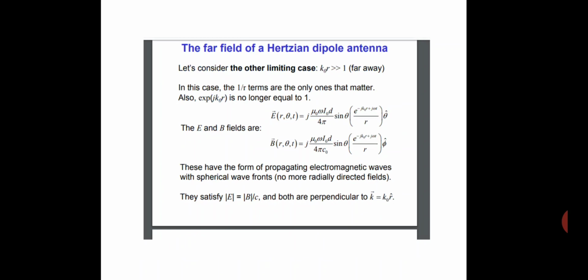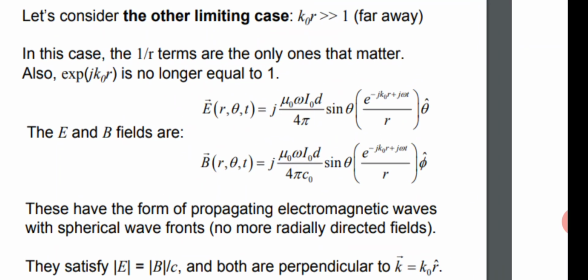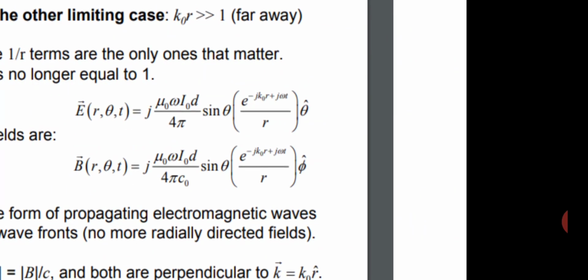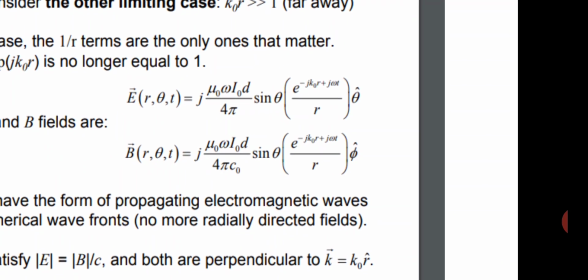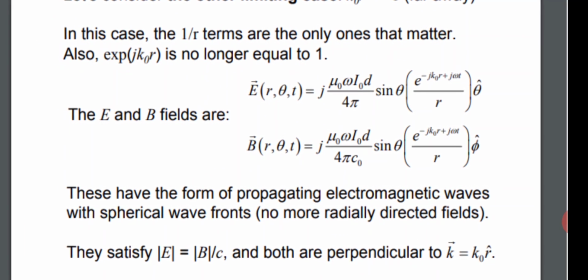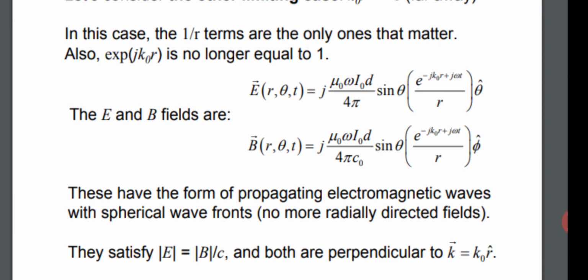So the electric field is jμ₀ω I₀ d upon 4π sin theta e to the power minus jk₀r plus jωt upon r times θ̂, and the magnetic field B in terms of r, theta, t is jμ₀ω I₀ d upon 4π c sin theta e to the power minus jk₀r plus jωt upon r times φ̂.